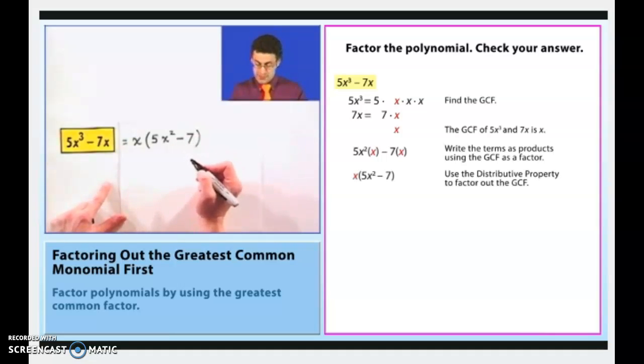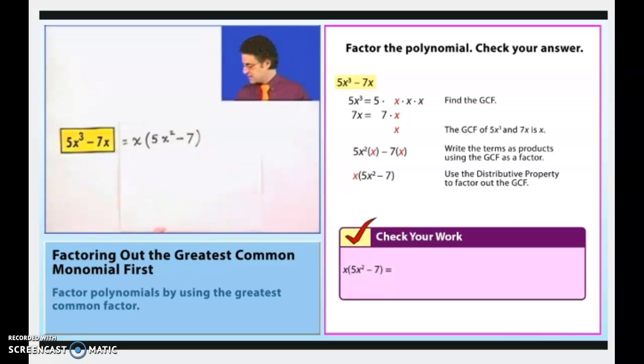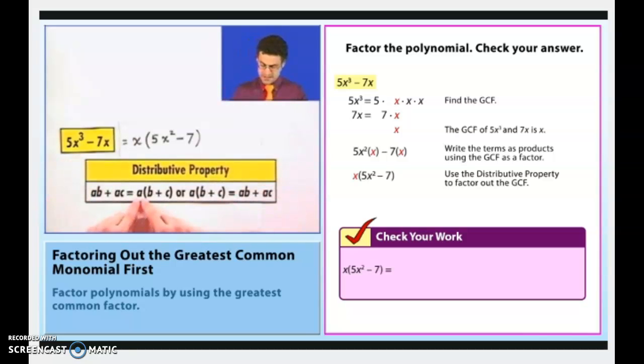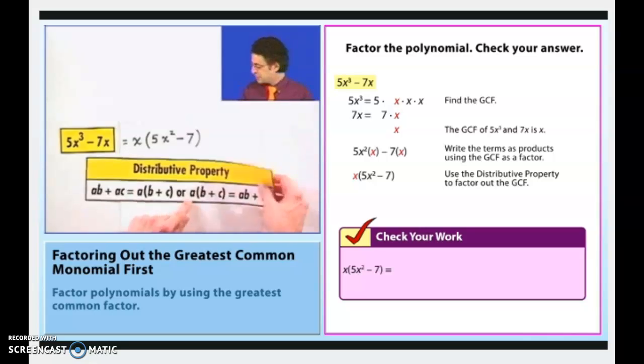All right, is this really the right answer? We can check this using the distributive property that we know holds. Remember, the distributive property says that if you have a times a quantity b plus c, then that's the same thing as distributing the a to the b and the a to the c and getting ab plus ac. So we can take the a and make sure it hits everything with multiplication.